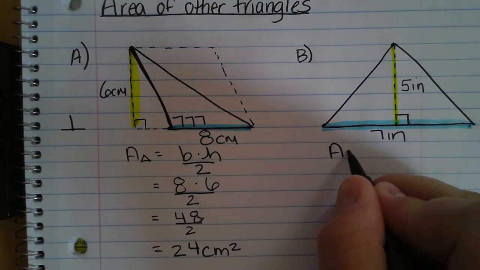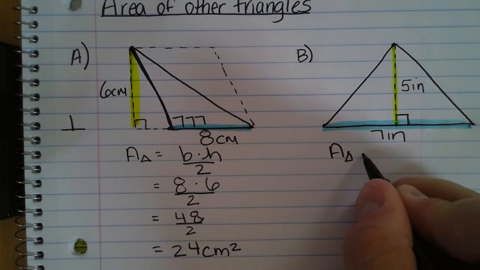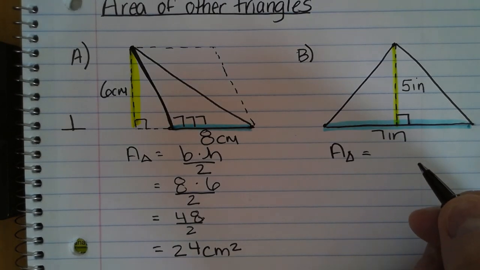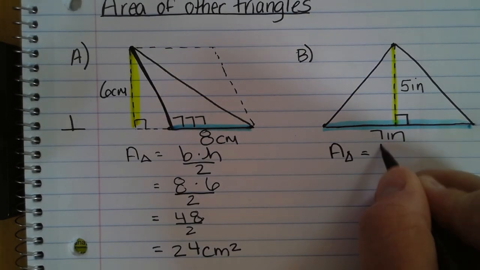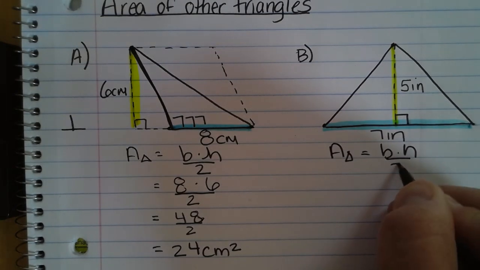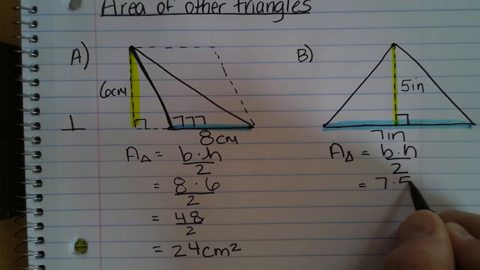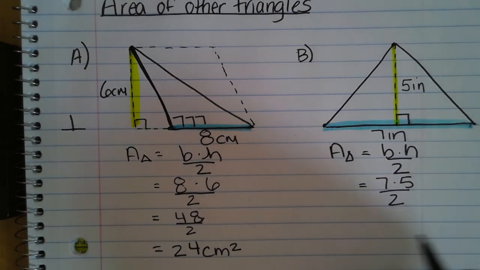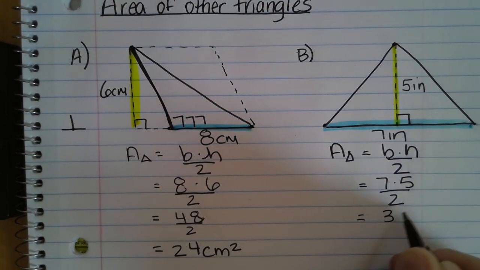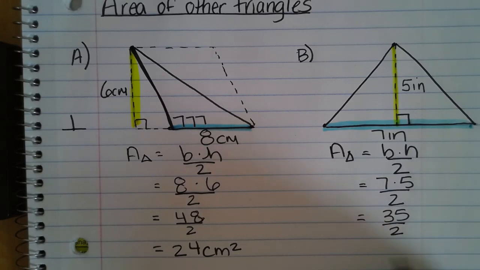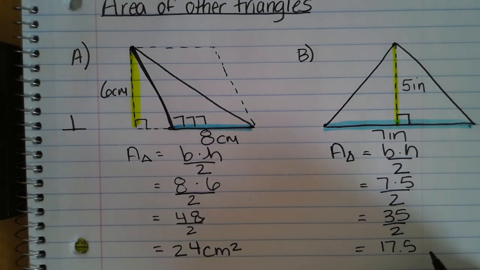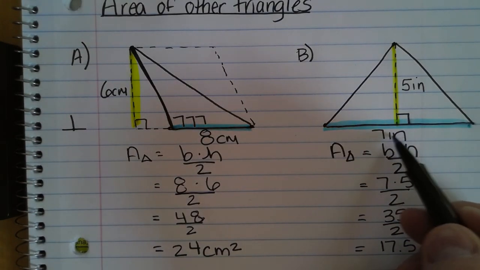Area of a triangle equals base times height divided by 2, which equals 7 times 5 divided by 2, which equals 35 divided by 2, which is going to give us 17.5. And then again, we're going to put our correct units of measure, which is inches squared.